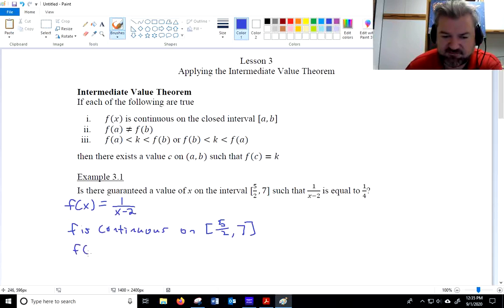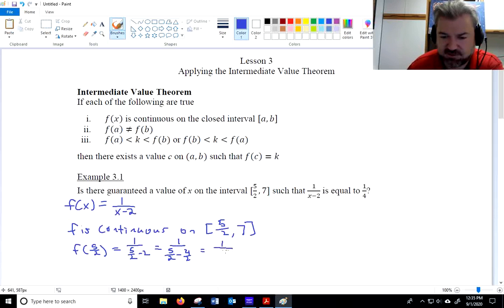Let's find out what f of 5/2 is. F of 5/2 is 1 over 1/2, which is 2. I'll show the work: 5 over 2 minus 2. I'll get a common denominator and make this 2 is 4 over 2.